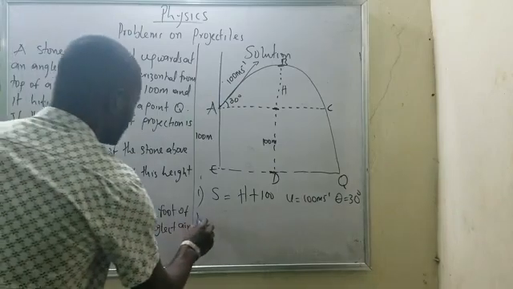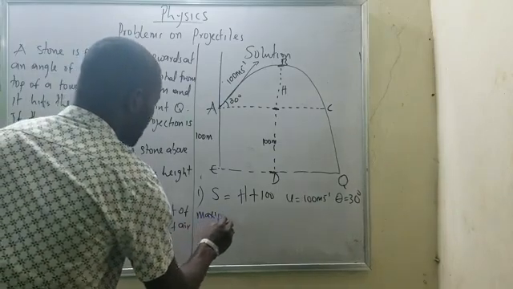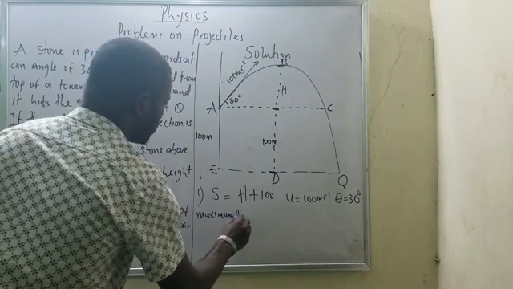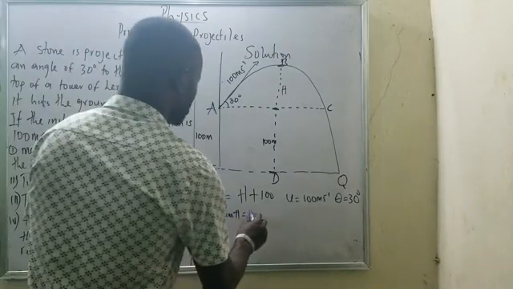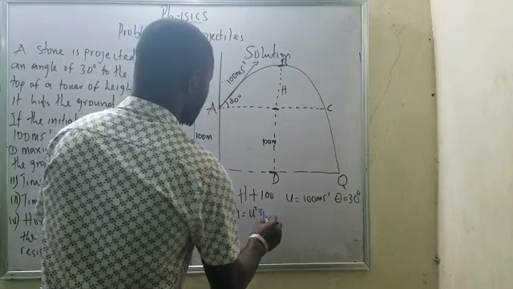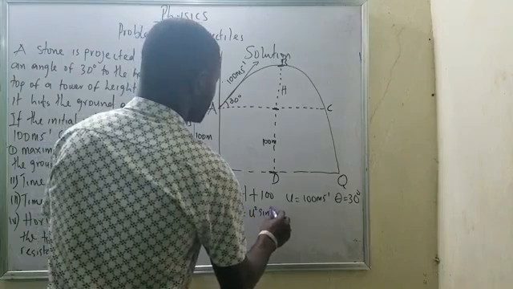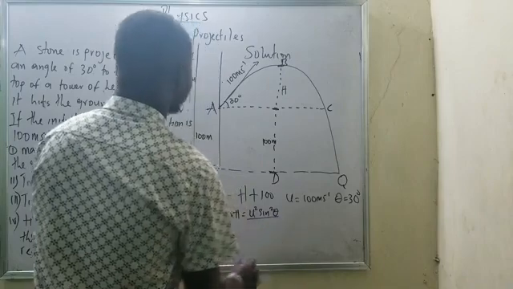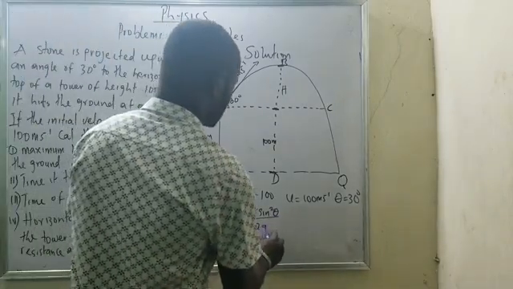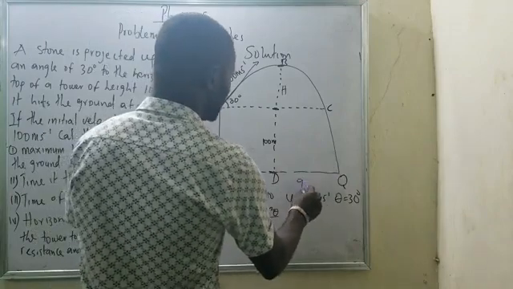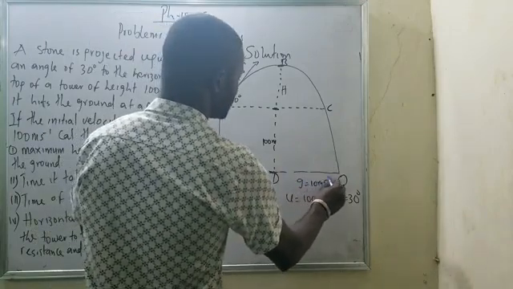Since I know that, what is the formula for maximum height? It will be equal to u squared sine squared theta divided by 2g. Don't forget my g is 10 meters per second squared, which we all know.